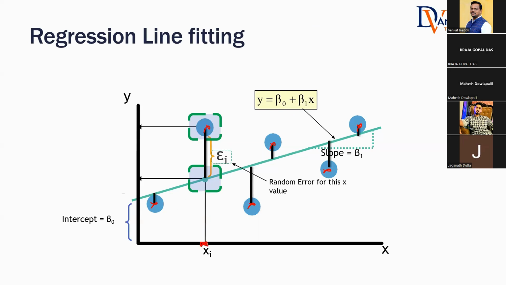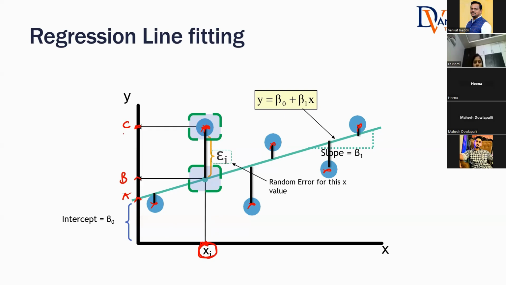Now take point xi, let's say this is point A, this is point B, this is point C. At this point x, what is the actual value of y? Is it A or B or C? C. This is y actual. Do you agree?